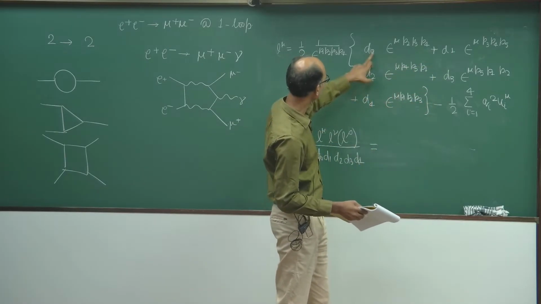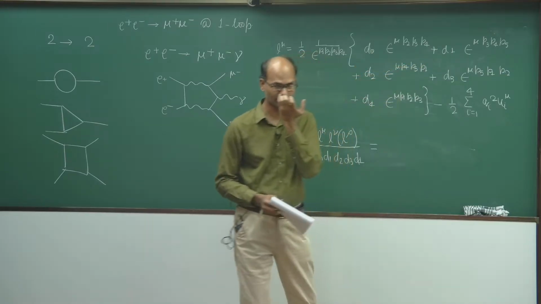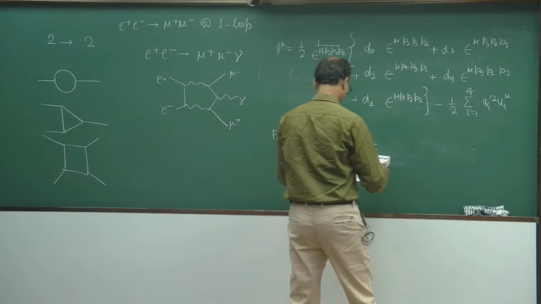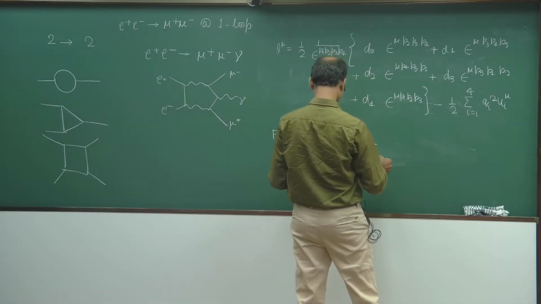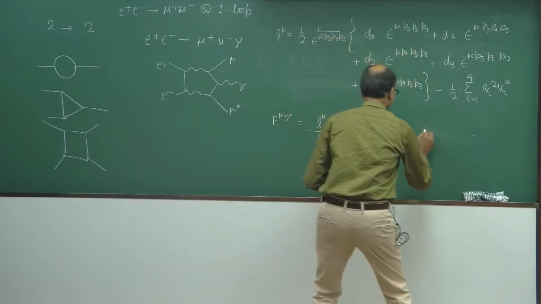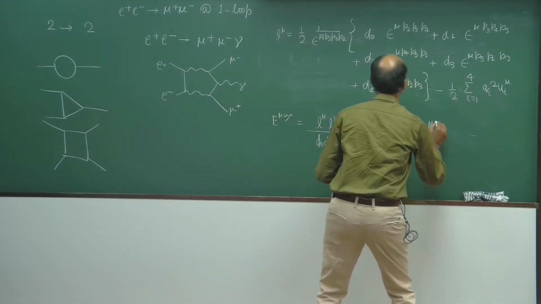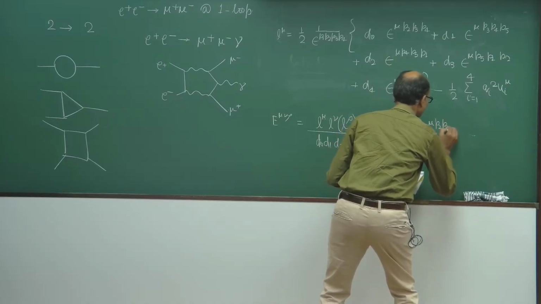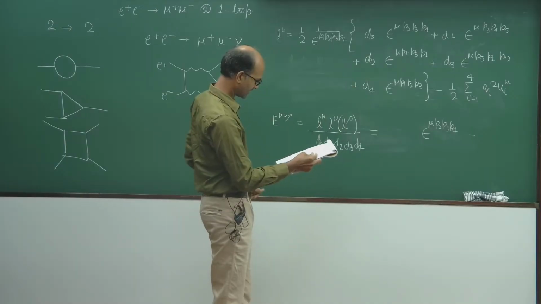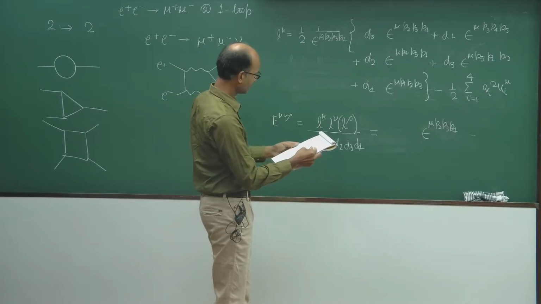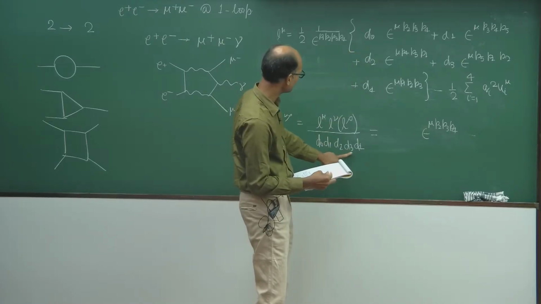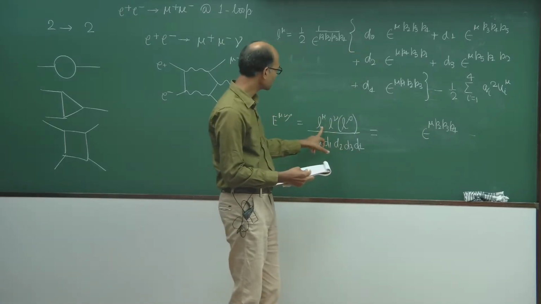So all these terms can be expressed in terms of missing propagator notation. So, I write that as, let us take this term epsilon mu P2 P3 P4, that is the term. And what am I going to get? I am going to get here D1, D2, D3, D4, but with 2 indices.